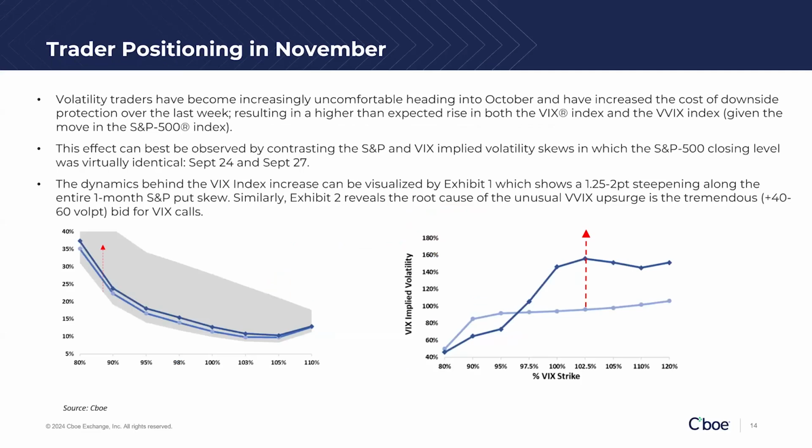And this is just a view of how the skew dynamics look heading into November. So we have two graphs over here. On the left is skew for S&P options, and on the right we have the skew for VIX options. Now, think of the skew for S&P options as the risk premium for traders hedging moderate declines of the S&P.